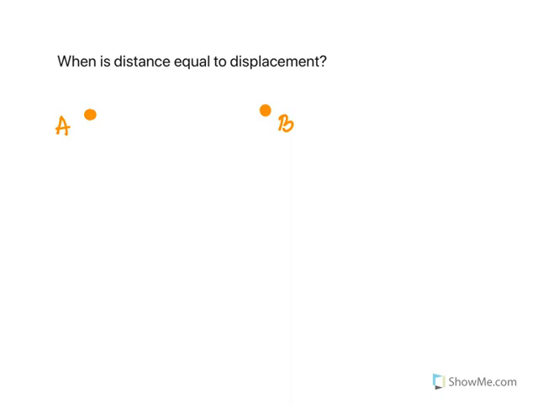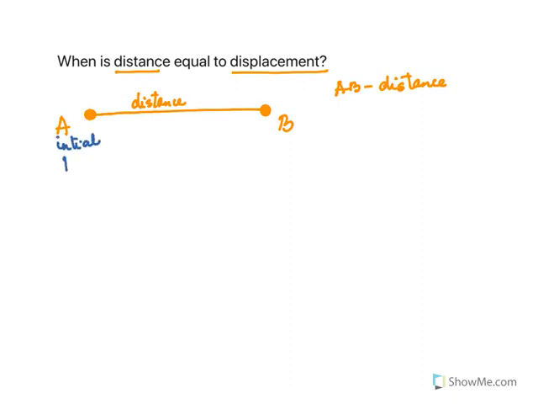Let me emphasize this point again. When is distance equal to displacement? Here I'm traveling from A to B along a straight path. In this case, AB is the distance. Let me mark my displacement. To mark my displacement, A is my initial position and B is my final position.